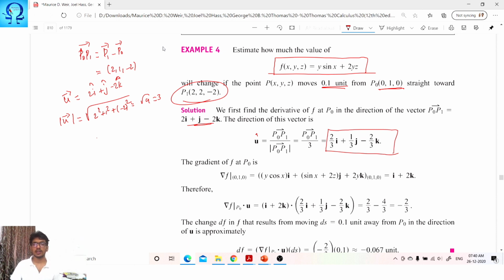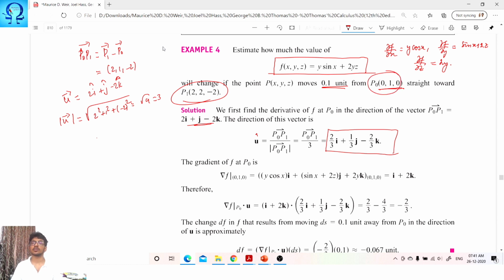Now you can find the gradient. Del f upon del x is y cos x, del f upon del y is simply sin x plus 2z, and del f upon del z is 2y. Now plug in the point.